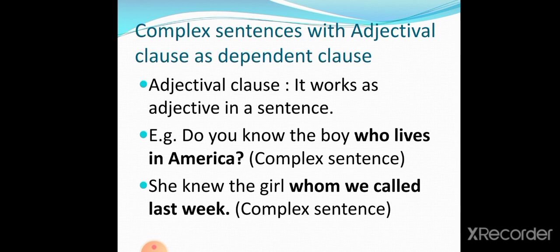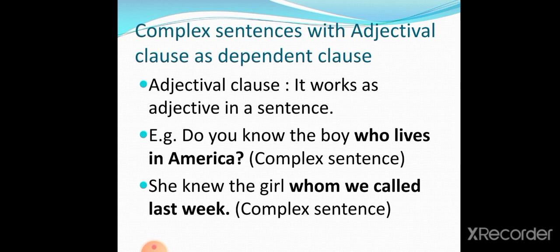Boy over here is a noun and the adjectival clause is who lives in America. It is giving you more information about the noun, that is boy, and who lives in America is the adjectival clause, or you can say dependent clause, and it is combined with the independent clause, do you know the boy, to give us a complex sentence.